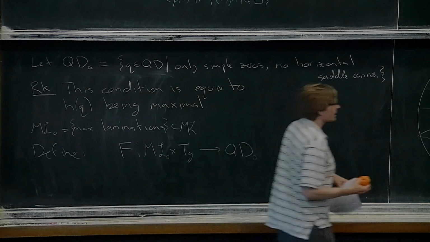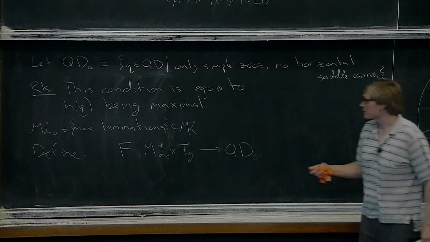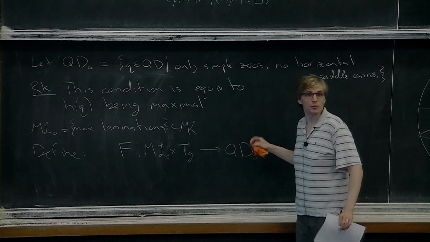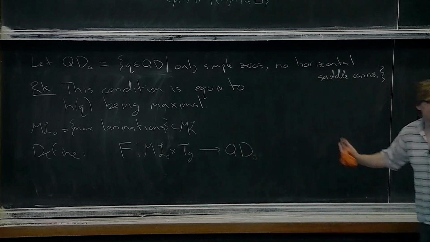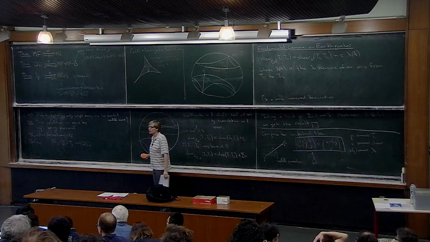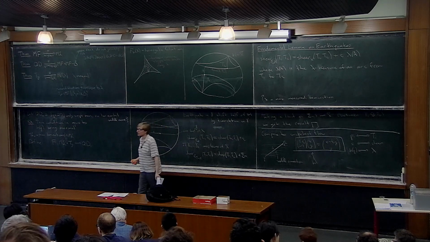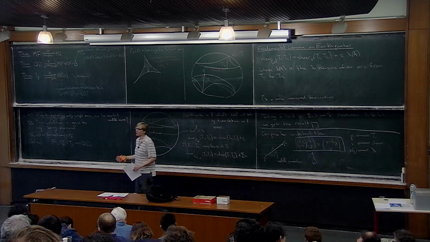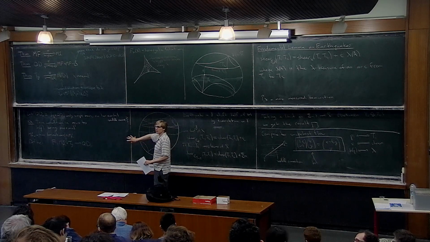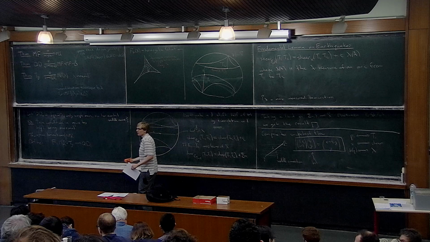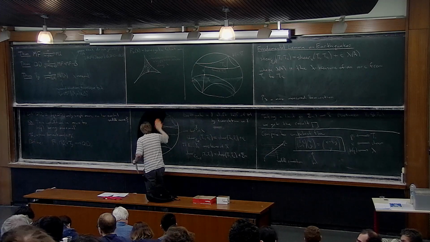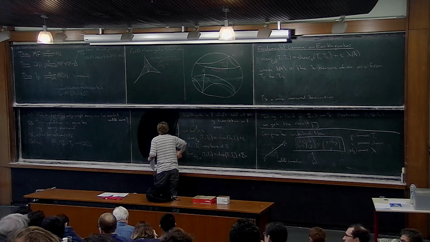And this bijection can't be extended to a continuous bijection from ML to Q, so you have to take out a bad set. Are you claiming it's continuous on this set? I think it's continuous on this set, but I haven't checked the details. I think I could describe to you in detail exactly to what extent it fails to have a continuous extension.